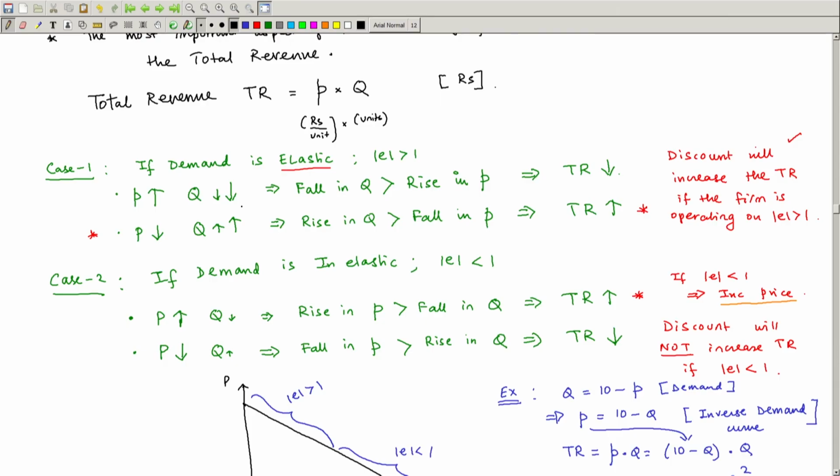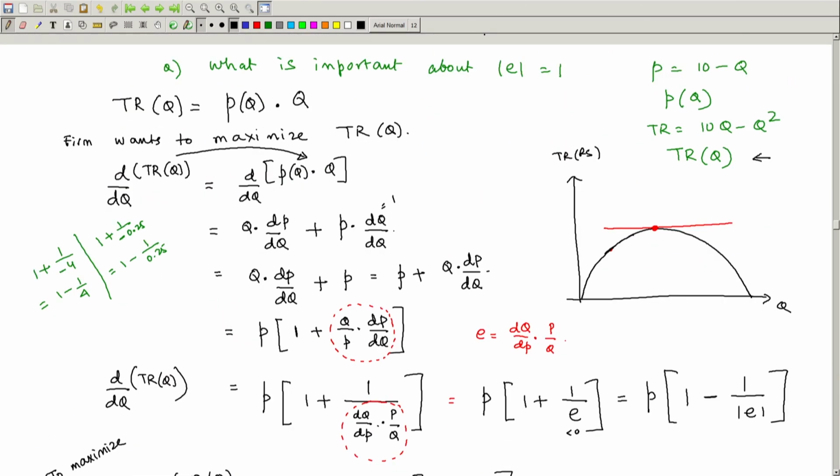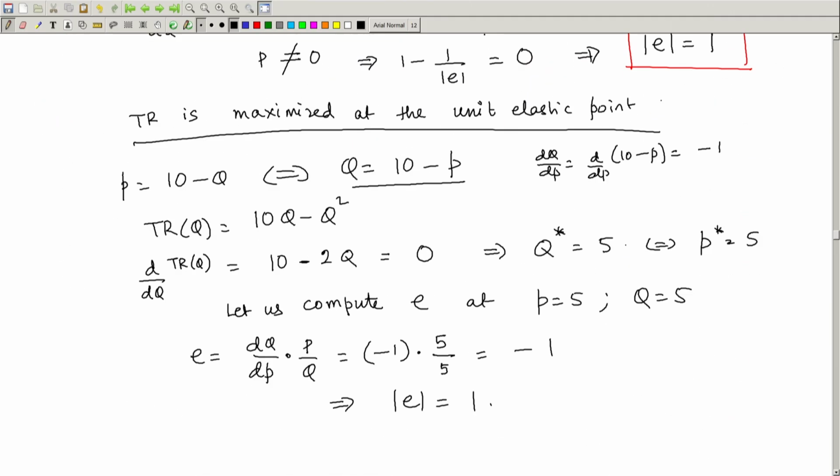Because the key takeaway was that if you are operating on the elastic portion of the demand curve and your objective is to increase total revenue, the firm needs to reduce the price or give a discount. Alternatively, if you are operating on the inelastic portion of the demand curve, the firm will raise its price, and your revenue is maximized when demand is unit elastic.